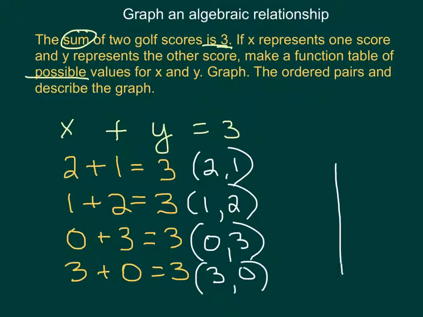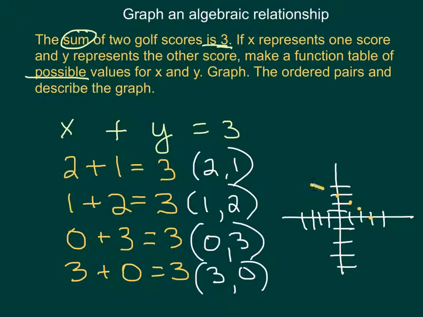If we wanted to just sketch a graph so that we could draw this to determine the relationship, we would have (2, 1), so we go over 2, up 1, it's about right here. (1, 2), go over 1, up 2. (0, 3), so over 0, up 3, and then (3, 0), so over 3 and 0.